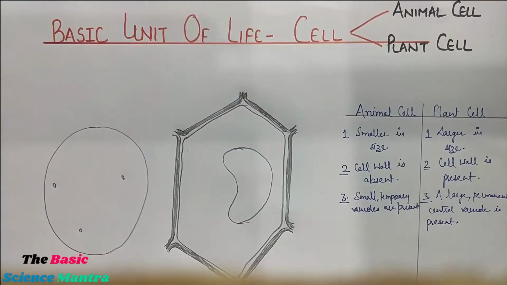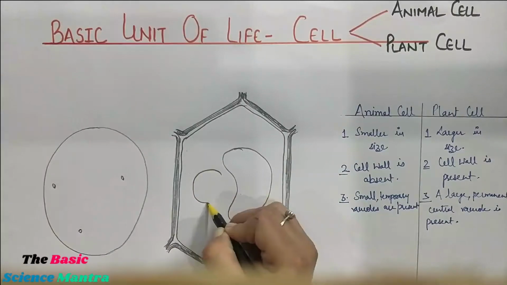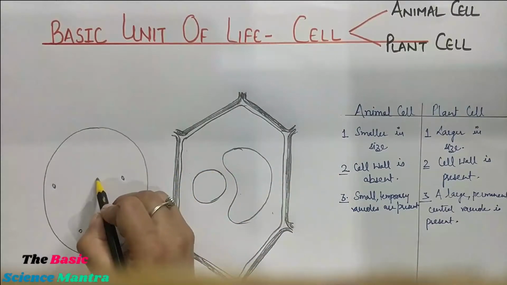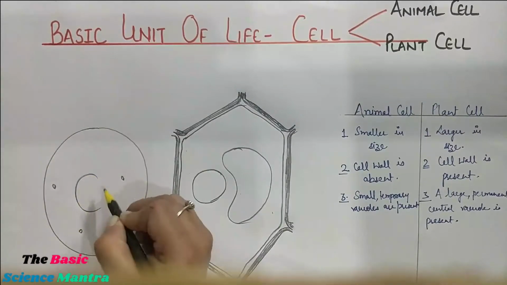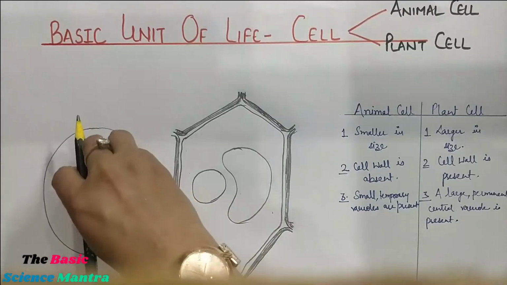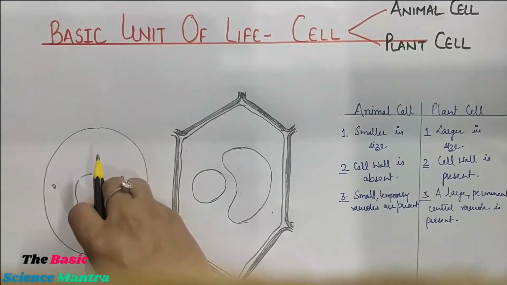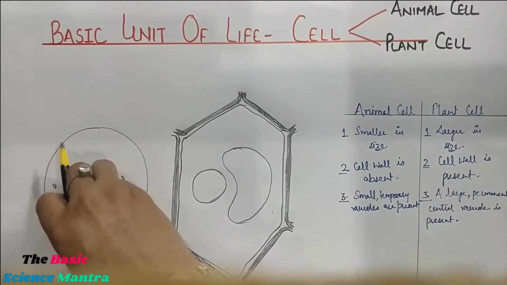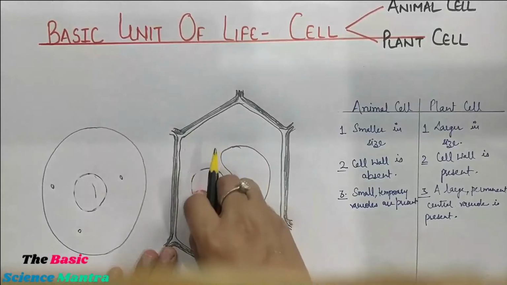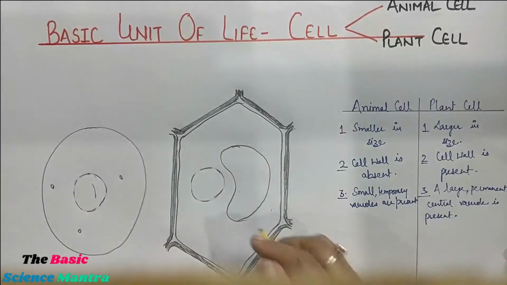Now we'll draw the nucleus. Nucleus is eccentric in plant cells, means it is on the corner, and in case of animal cells it is centrally placed. Again we'll erase the wall of the nucleus because the nucleus is a double-walled organelle. So we'll make the wall double. How?